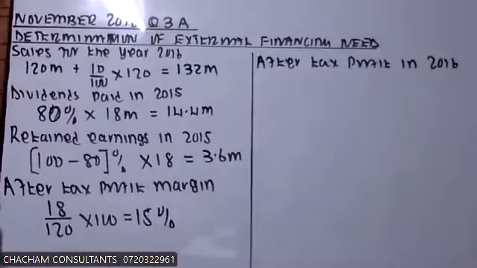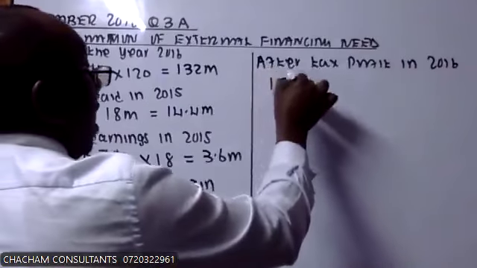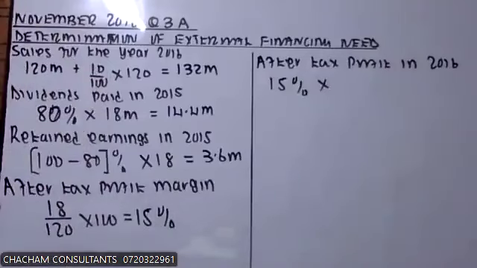Remember, we have said in the percentage of sales, you first of all get the historical percentage. Historical is already what has happened. Then this percentage, you apply to the projected future sales.